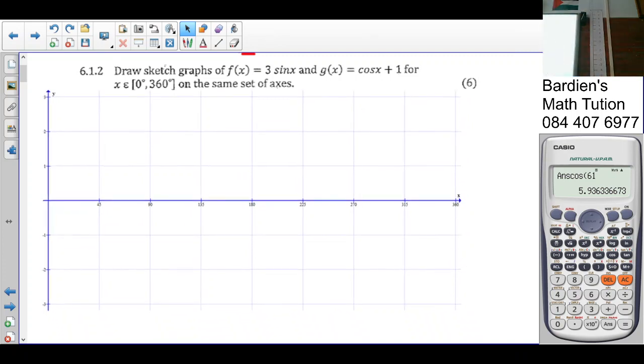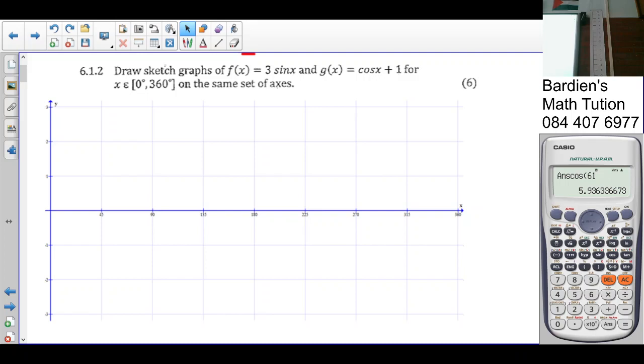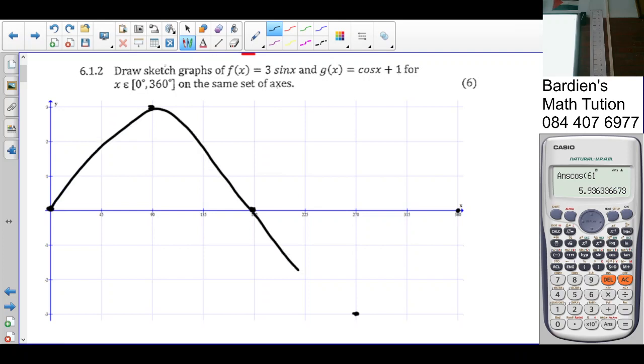Right, so the f of x graph is the sine graph, and you know the sine starts at the bottom. 3 sin 90 of course is 3. 3 sin 180 is 0. 3 sin 270 is negative 3. And 0. So what we do is connect the dots. Do what we do best, no? Connect the dots.